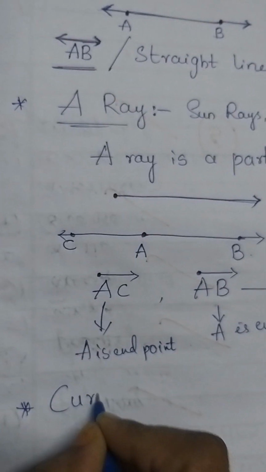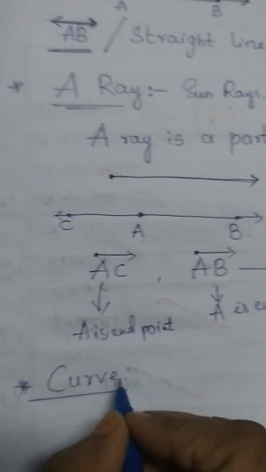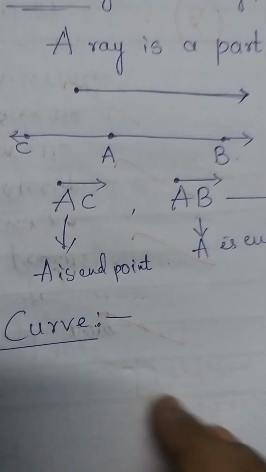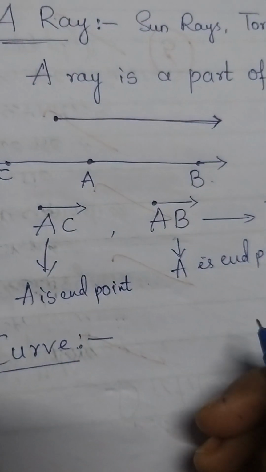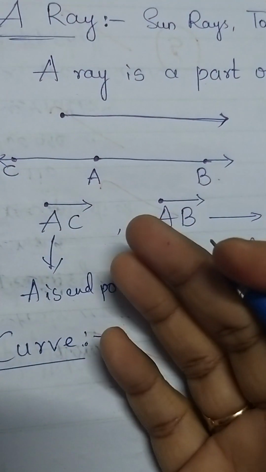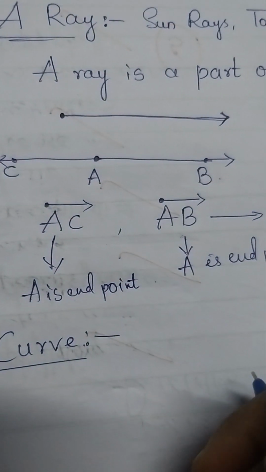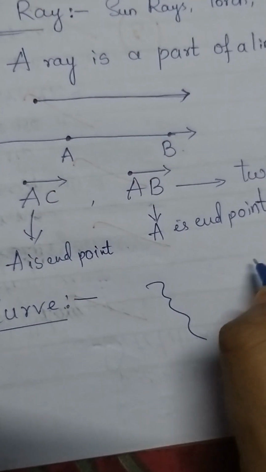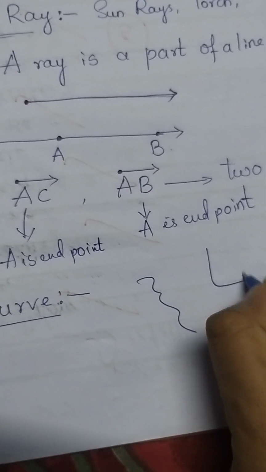Okay, this is the difference between a ray, a line and a line segment. Now we have another, the curve. What is a curve, children? Another geometrical idea is the curve. You have seen many drawings in your life, like curves, or like this one, and this one.